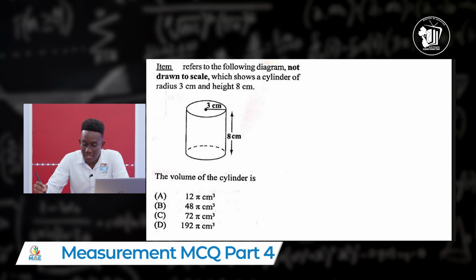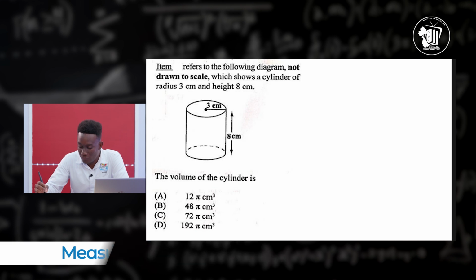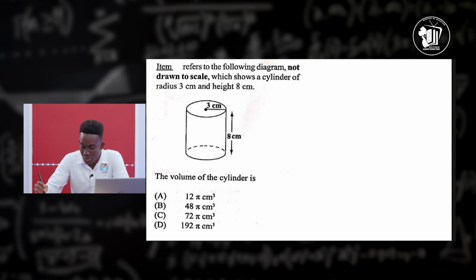So this one says, the item refers to the following diagram, not drawn to scale, which shows a cylinder of radius 3 cm and height 8 cm. The volume of the cylinder is, so we need to find the volume of the cylinder. So to find the volume of the cylinder, it's area of the base. In this case, the base is a circle. So it's pi r squared multiplied by the height. So the volume will be equal to, so we don't know what pi is, and they told us the radius in this case is 3.